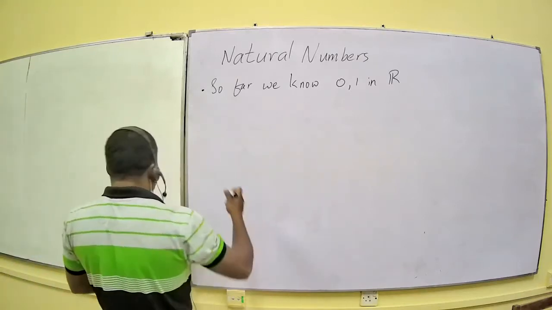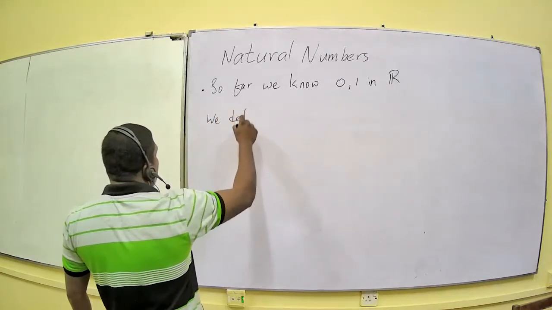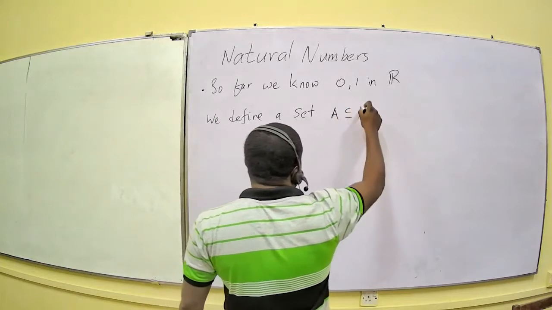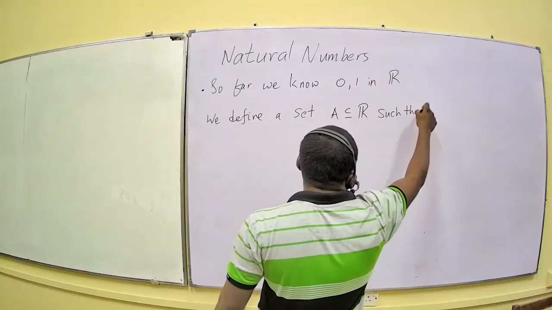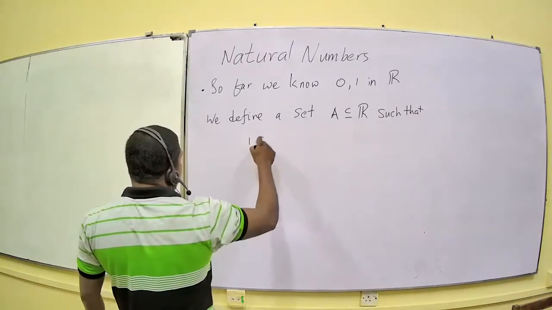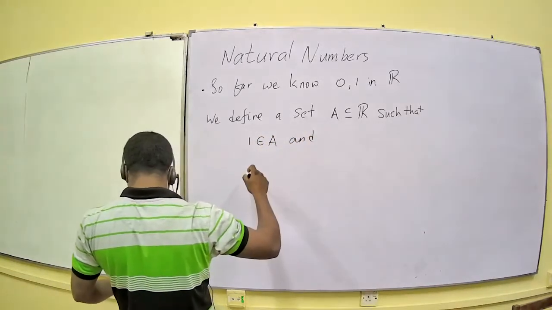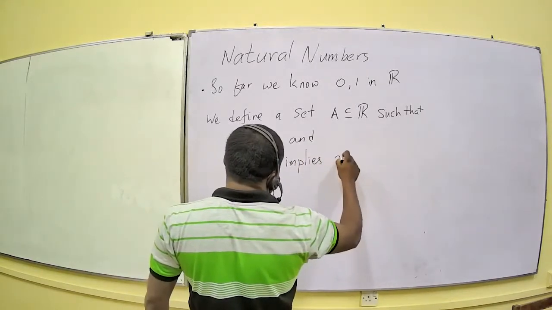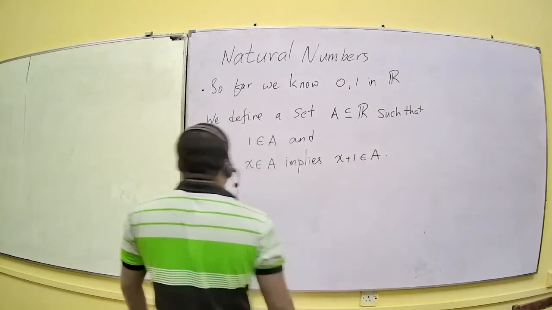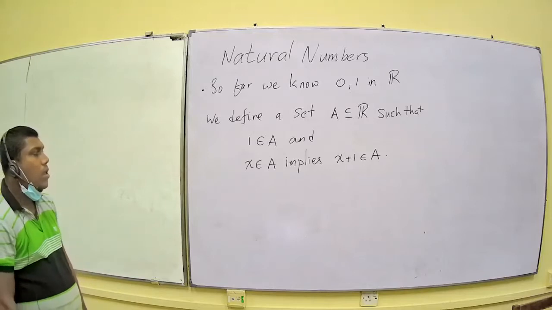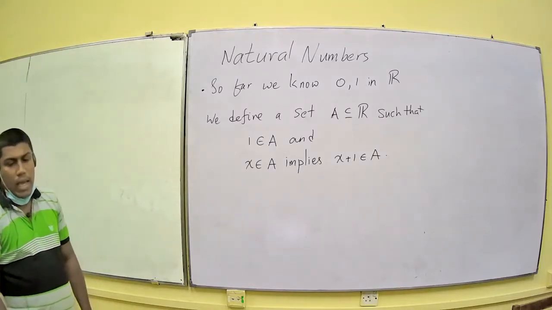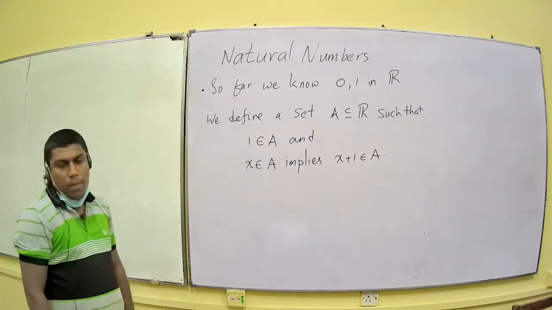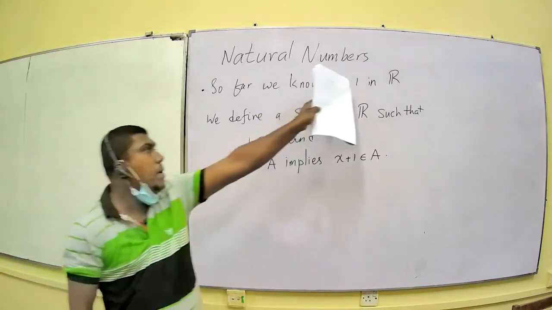So now what we are going to define is a set A, which is a subset of the real number set, with the following properties. The first thing is 1 is a member of A.